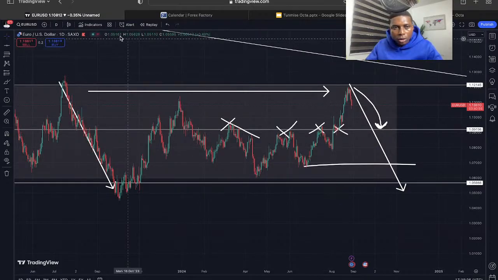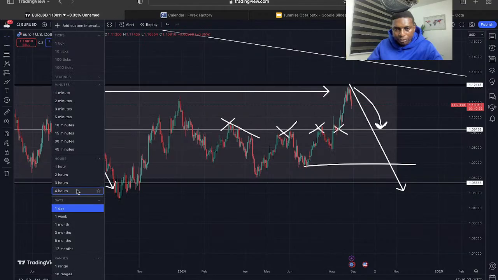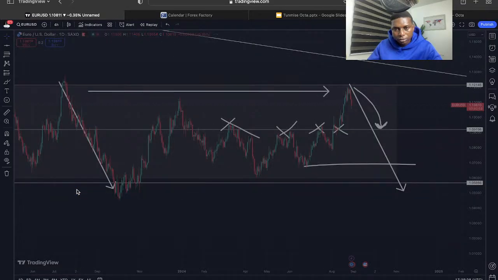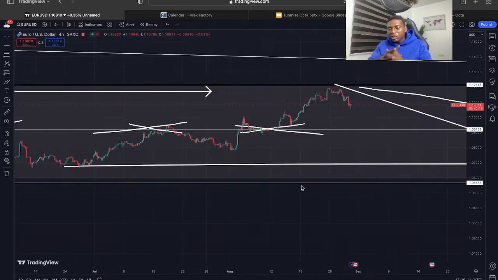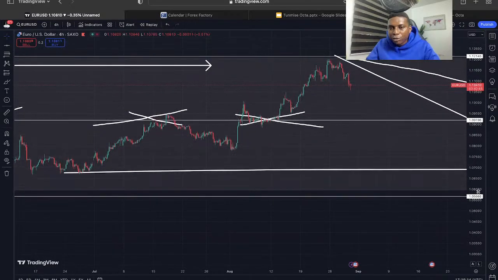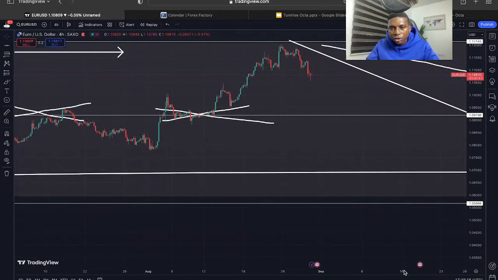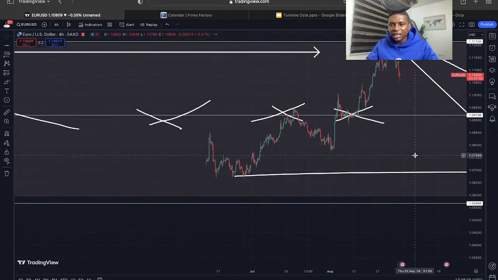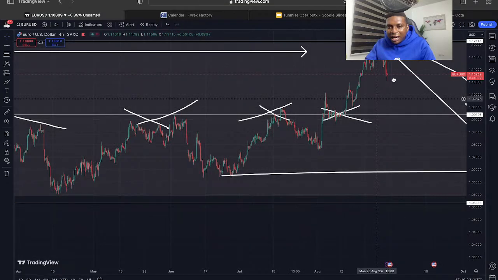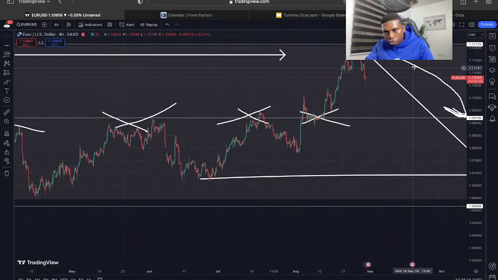So when we go down to the 4 hours time frame, because the lower we go into these time frames, the broader, the clearer we are able to see what is actually going on. All right. So obviously from here now we can see that price still has a lot of rundown to do from this level.